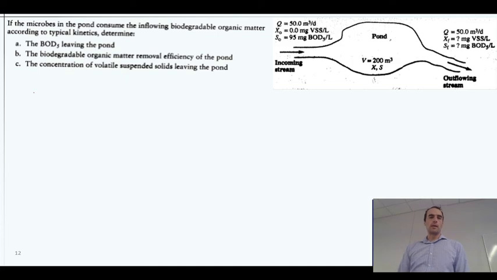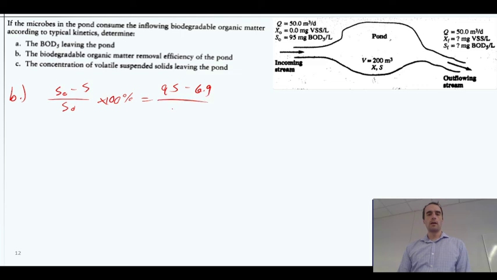Okay, so then part B says what's that efficiency? That's simply going to be S naught minus the S we resulted in, divided by S naught, times 100%. So pretty standard efficiency. That'll be 95 minus 6.9 divided by 95 times 100%, which should be 92.7%.